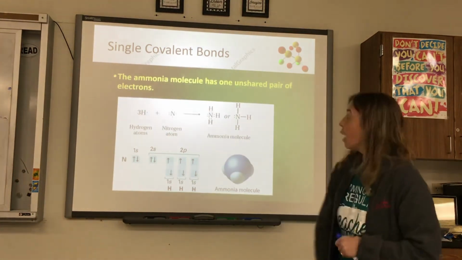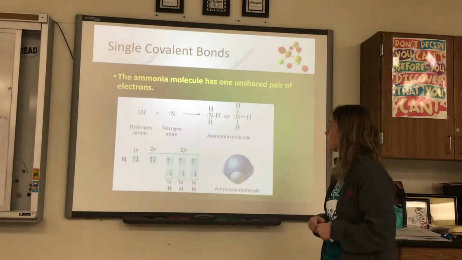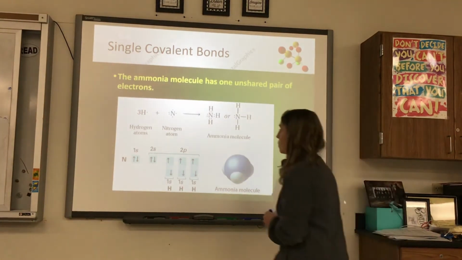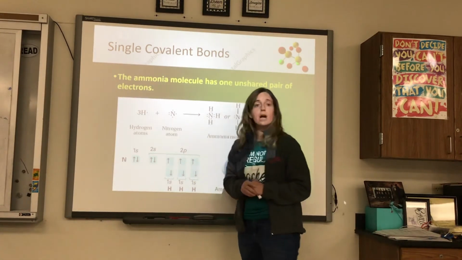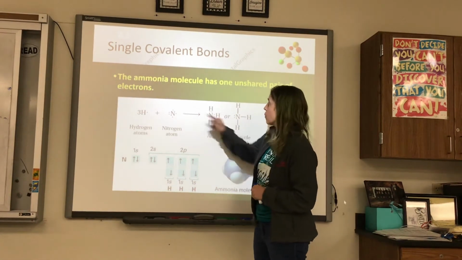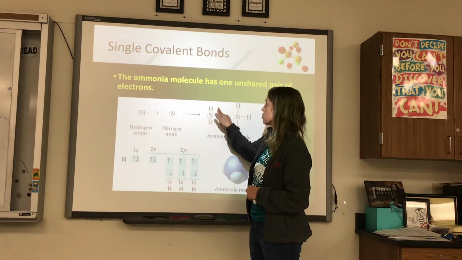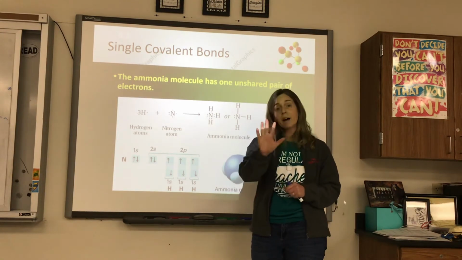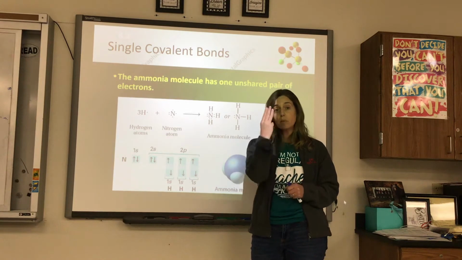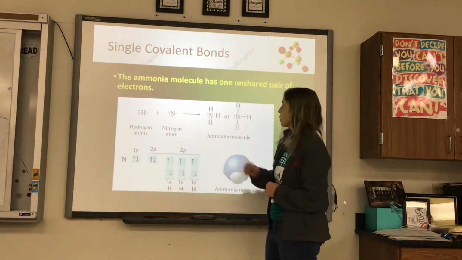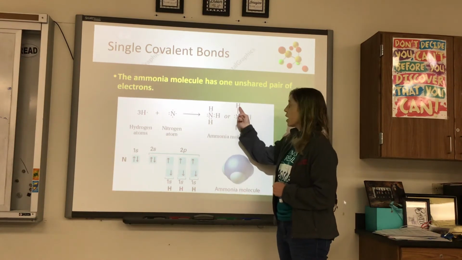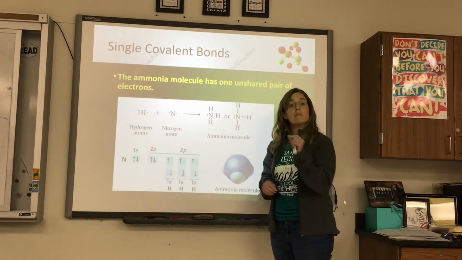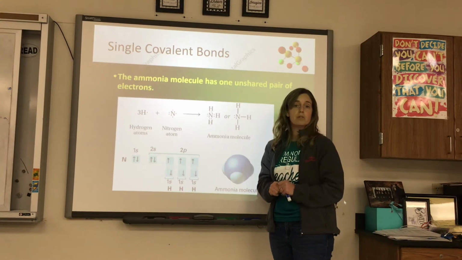Now, ammonia, same thing. Ammonia has 5 valence electrons. Ammonia is going to bond to 3 hydrogens, okay? So what happens is each hydrogen is going to contribute 1 electron. Nitrogen has 5 electrons, so it needs 3 to make 8. So it's going to share 1 with each hydrogen, giving the nitrogen 8, and each individual hydrogen will have 2 electrons.